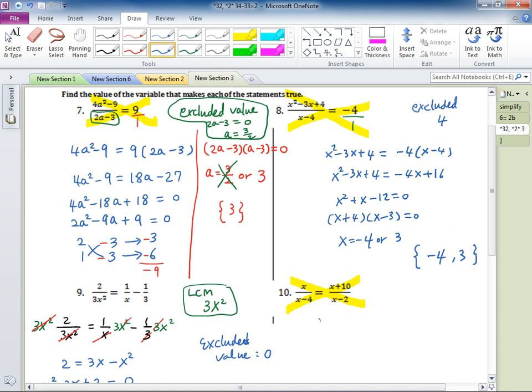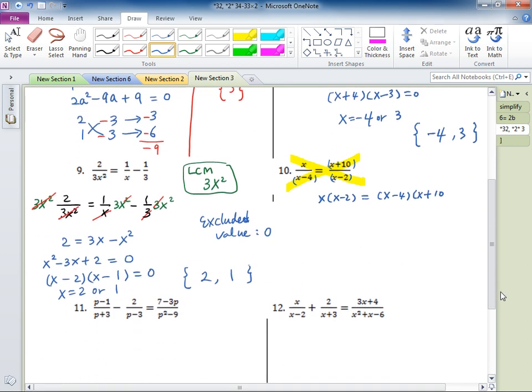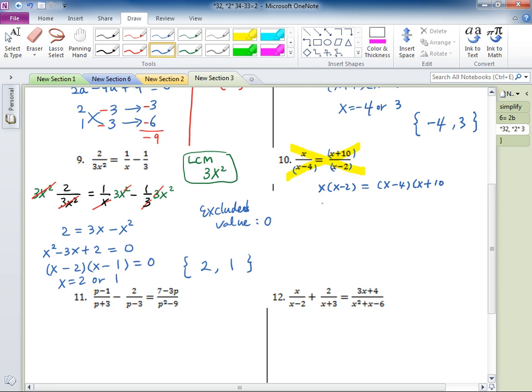Question number 10, cross multiply. With more than 2 terms, try to have parentheses around them, okay? So x minus 4, x plus 10 in the product. And expand by using the distributive property. First, outer, inner, last.